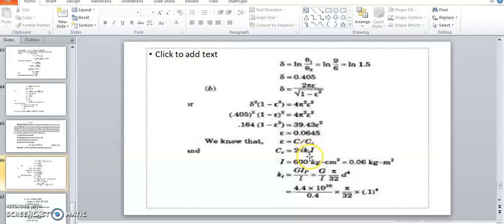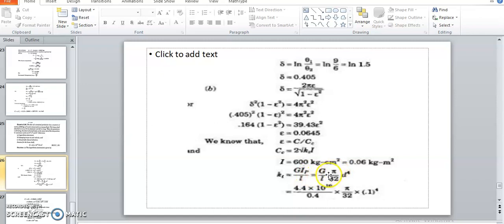The I value, the mass moment of inertia of that particular disk, is given to you as 600 kg centimeter square. You can convert it to kg meter square. Now this kt is unknown to you. For this kt, we have the formula GIp by L, where Ip is the polar moment of inertia of that particular shaft.